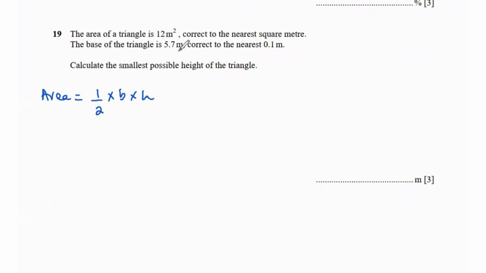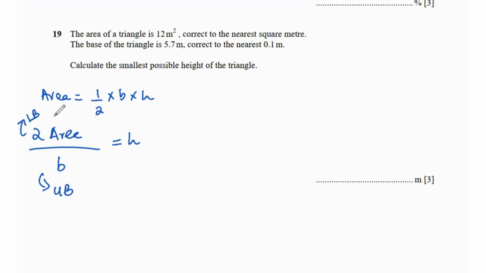They've given us the area, they've given us the base, they want us to find the smallest possible value of the height. So area would be multiplied by 2 and then divided by the base to find the height. So since we're doing division, and we want the smallest possible value, which means the lower bound, we're going to find the lower bound of the area and divide by the upper bound of the base. Then we can get the smallest possible height of the triangle.